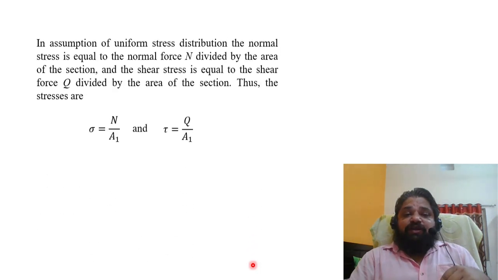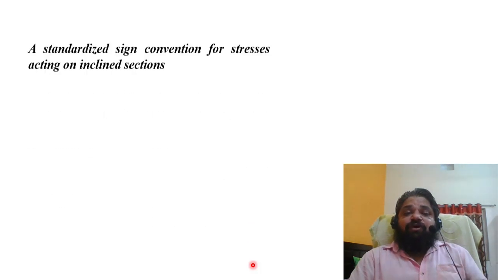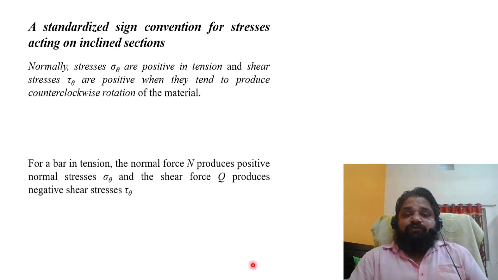Putting these values in, N by A1, with A1 equal to A by cos theta, so N by A1 is P cos theta divided by A by cos theta. We will come to how it is converted, and I think most of you now see how we are getting these values.